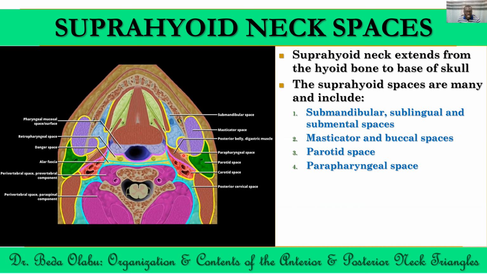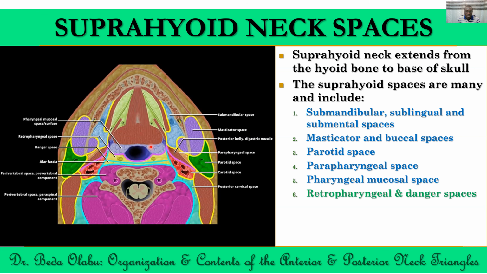It is somewhat the center of the other spaces if you look at only one side. Then you have the pharyngeal mucosal space. The pharyngeal mucosal space is the region around the pharynx, basically. And so this is the center of all the spaces. If you look at both sides, it's the deepest space.